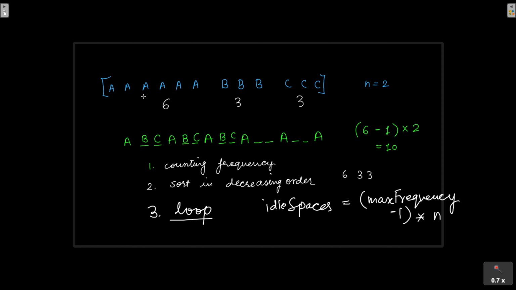So for example, we start with the total number of idle spaces here as 10, right? So initially it was 10. Then after that, given that we have already filled in A here, this is assumed. So after filling in, the only remaining idle spaces, we are talking about them.